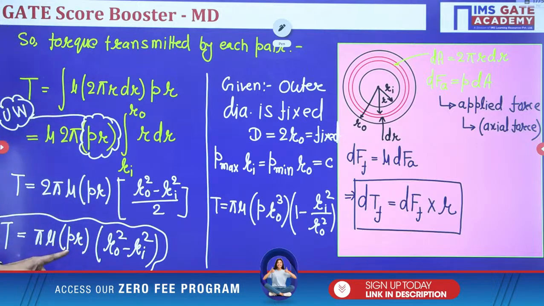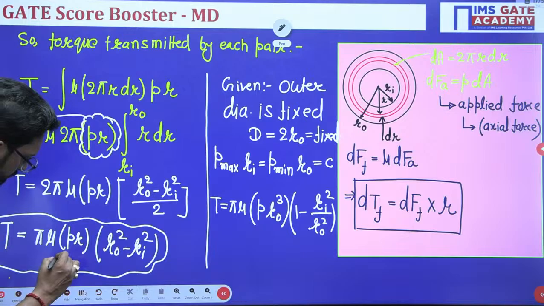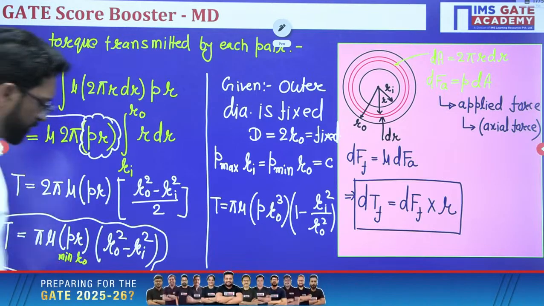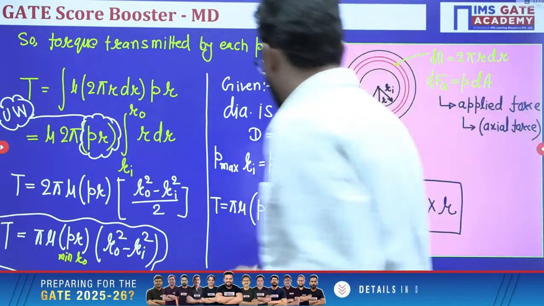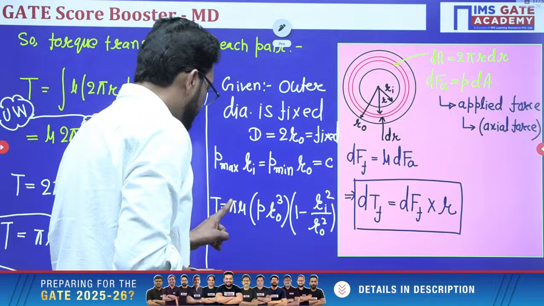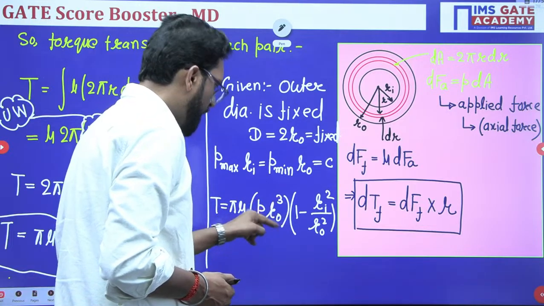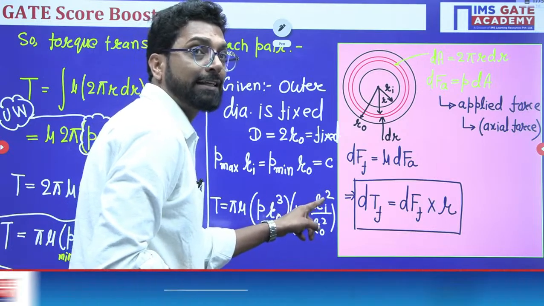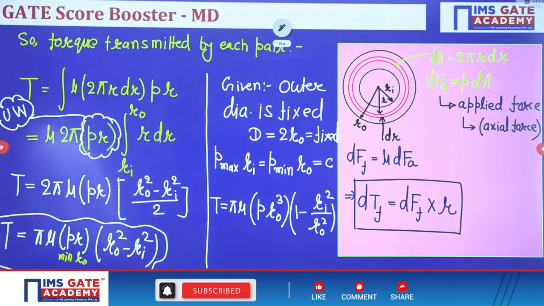Here by default we are taking P minimum and Ro, let's suppose. So we have to write like that. Now my dear, mu constant, pi constant, P into r to the power 2 is constant, so the only variable is Ri.